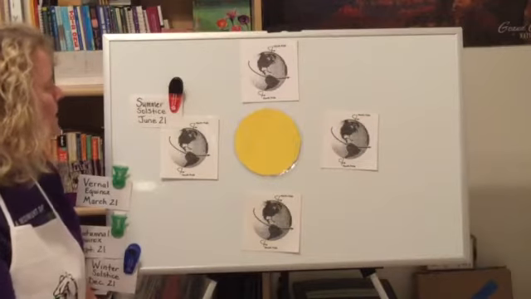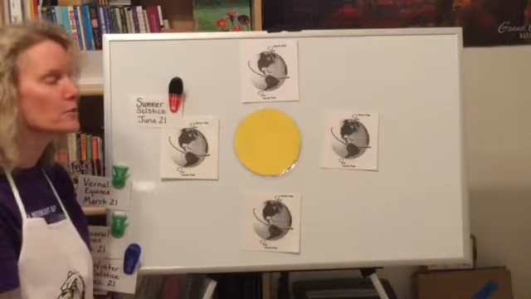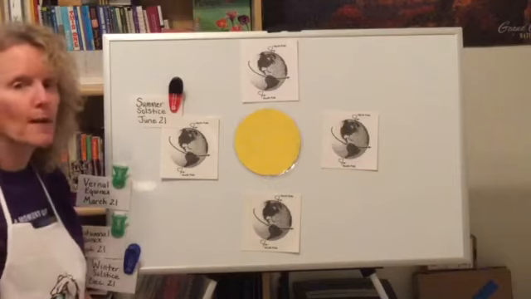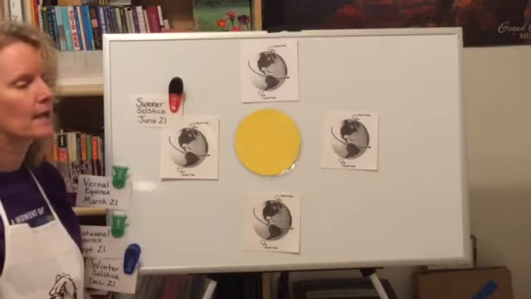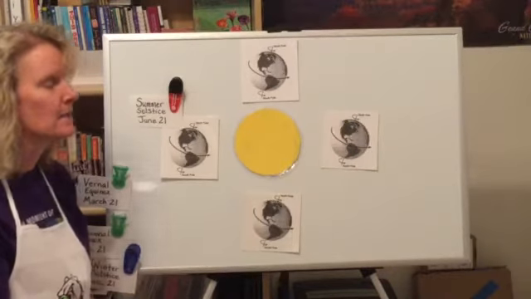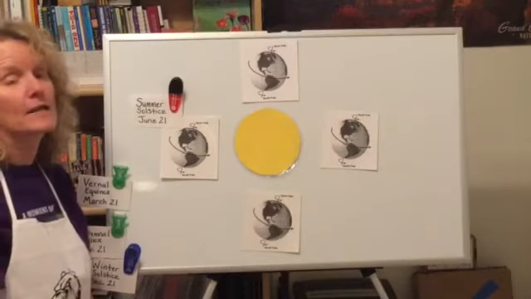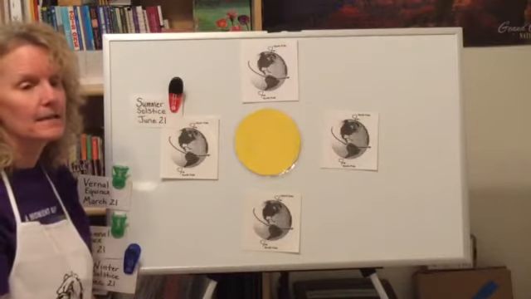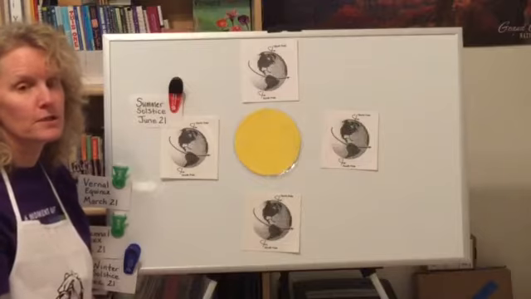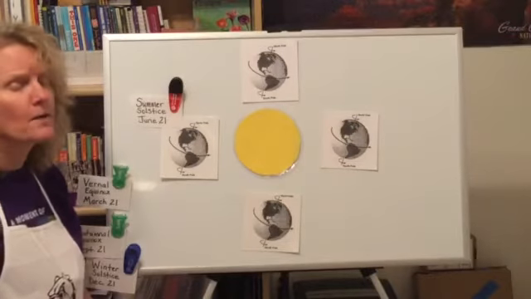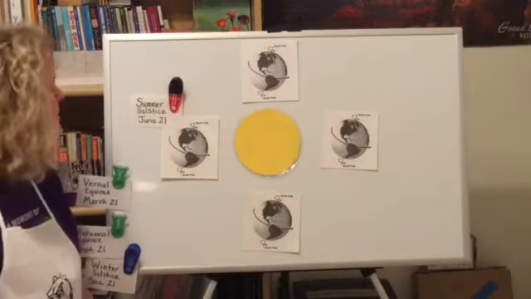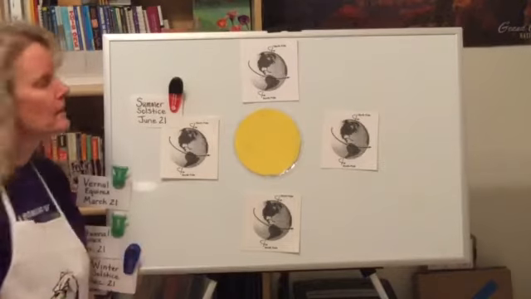Then Katie might say, well, the axis is pointed towards the sun, so it's summer. And then I'm going to say, what's summer's last name, Katie? And she's going to say, summer solstice. And then I may even ask her, what day is the first day of summer solstice? And she'll say, duh, Miss Sheffield, it's June 21st. And I'll be like, yes, you got that right.